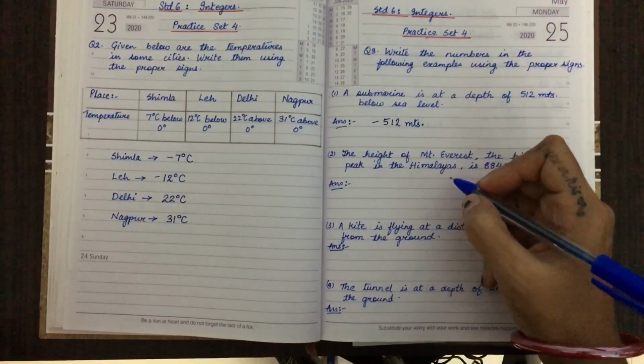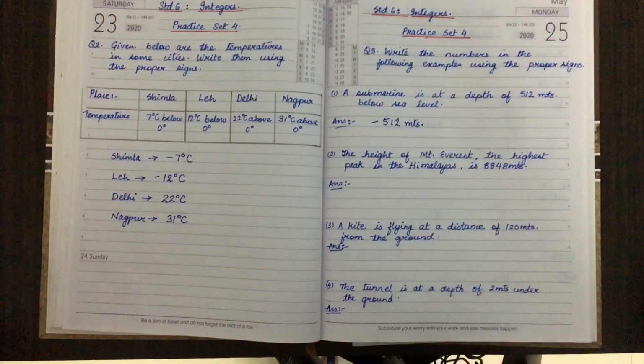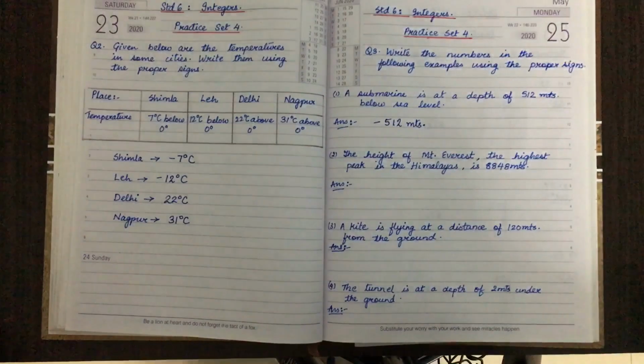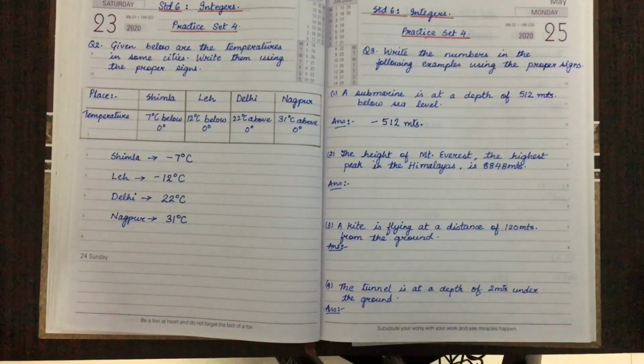The next one, the height of Mount Everest, the highest peak in the Himalayas, is 8848 meters. Now you know, dear children, that Mount Everest is one of the highest peaks on the earth.